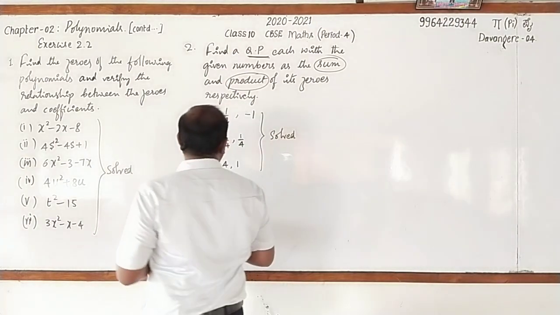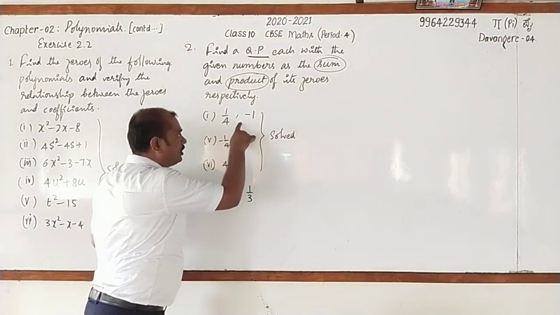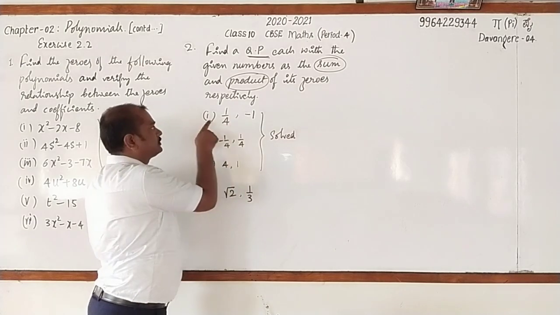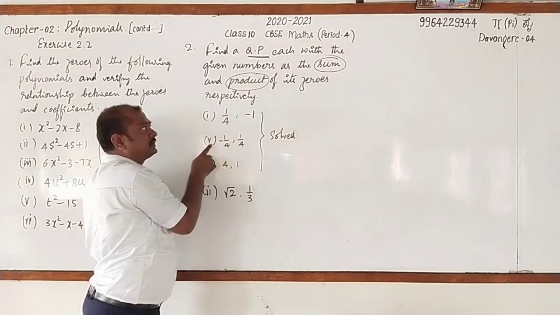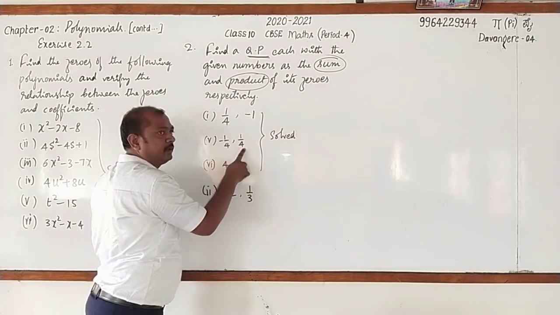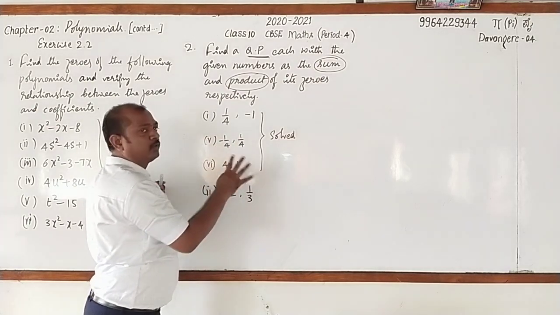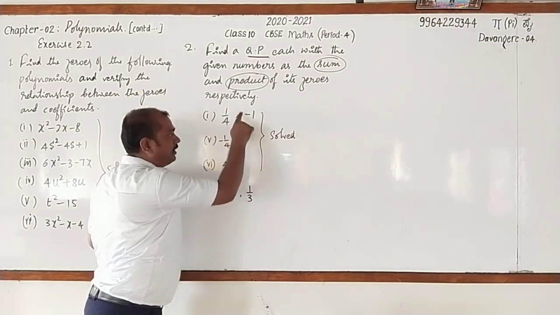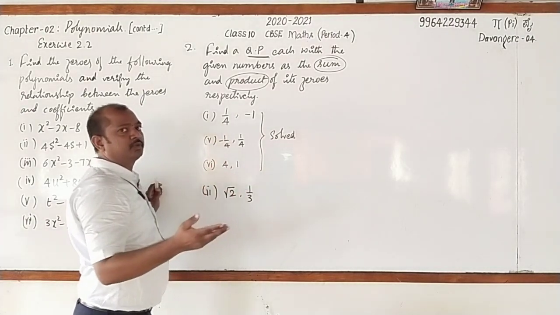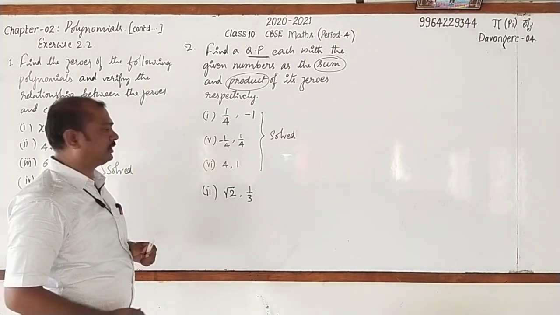In worked examples we have solved these three: the first one, 1 by 4 and minus 1; the fifth one, minus 1 by 4 and 1 by 4; and the sixth one, 4 and 1. When these are the sum and product, we have come to know how to form a quadratic polynomial.